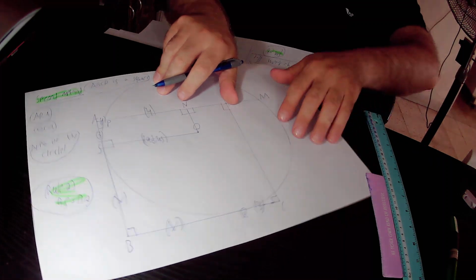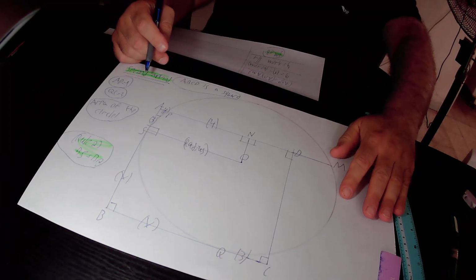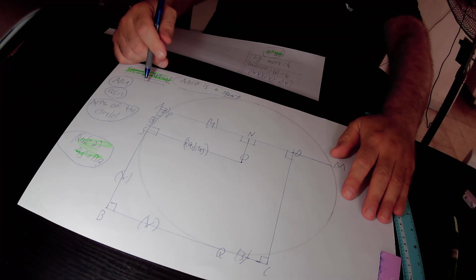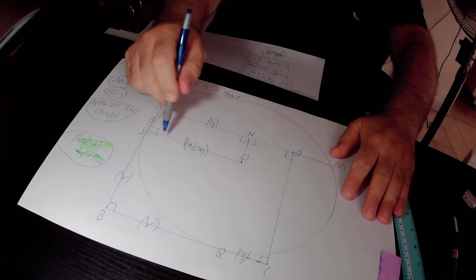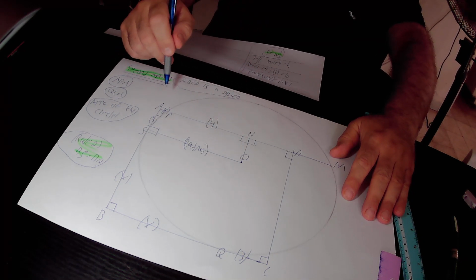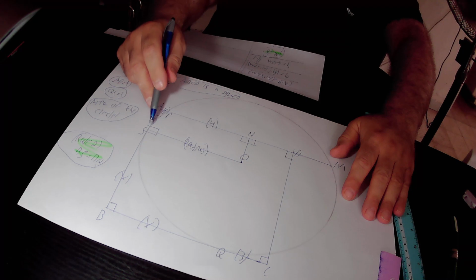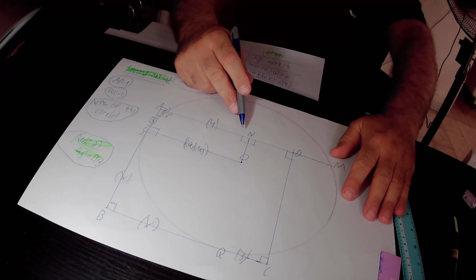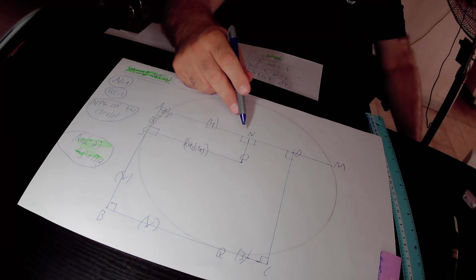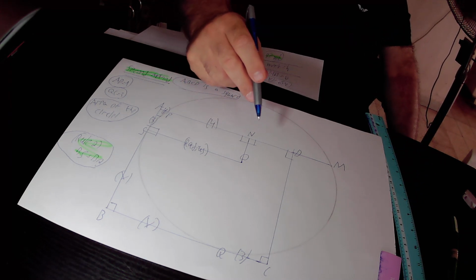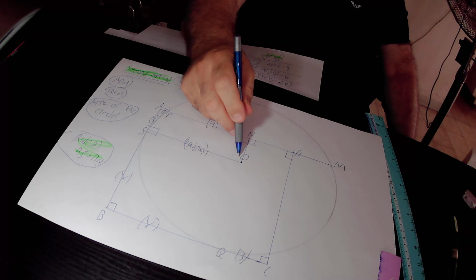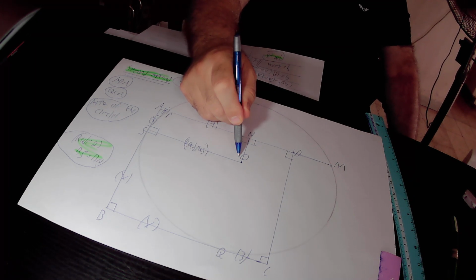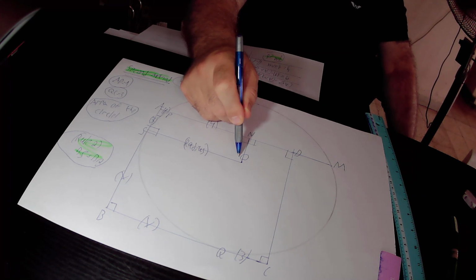So by doing this construction, we can deduce quadrilateral ANOS. Inside this quadrilateral ANOS, we have 1, 2, 3 right angles. The sum of three right angles is 270 degrees. So 270 degrees plus the size of this fourth missing angle must equal 360 degrees, according to the rule that states that the sum of the angles in any quadrilateral is equal to 360 degrees.